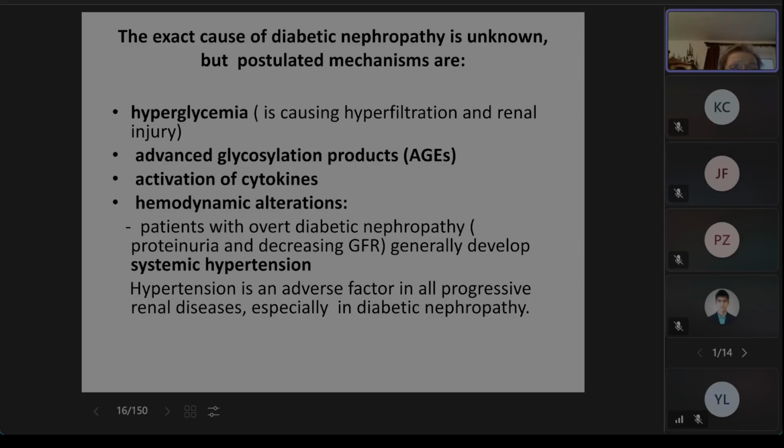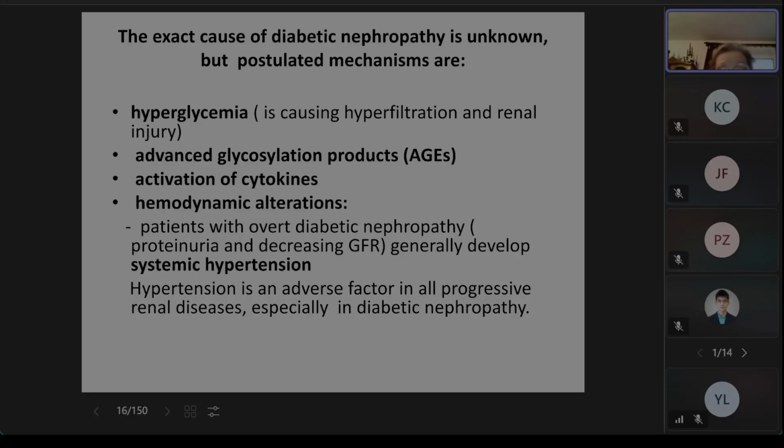Another point taking maybe an important part in the injury of the kidneys is activation of cytokines and, of course, some hemodynamic alterations. These alterations are connected with microalbuminuria and then overt proteinuria, and can lead to a decrease in GFR level.